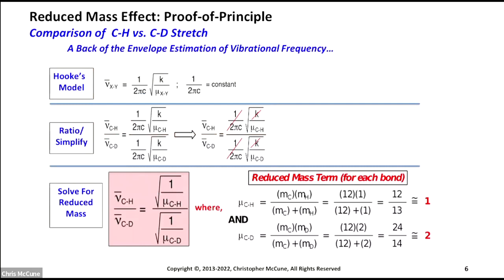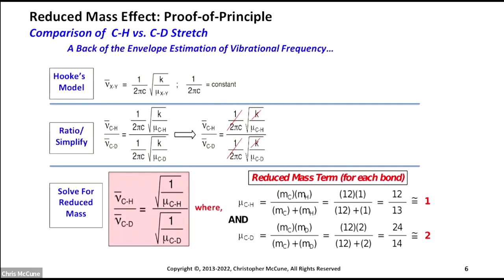I'm trying to get a conversion factor. So if I know the CH stretch wave number, then I can use the conversion factor to figure out the CD stretch. A lot of this is going to simplify, because you can see here and here, those are just constants, so they cancel each other out in the equation. That simplifies the entire equation down to really looking at the reduced mass term.